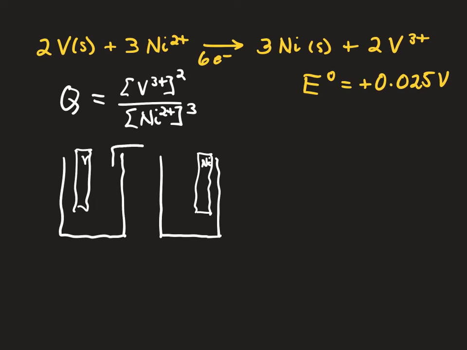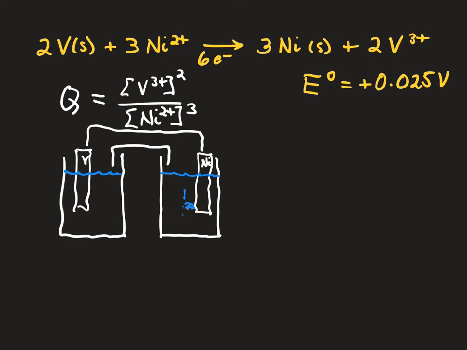We've got our salt bridge, we've got those connected, and we've got them in solution. If we had 1 molar vanadium ions in here and 1 molar nickel ions in here, our potential would be this.